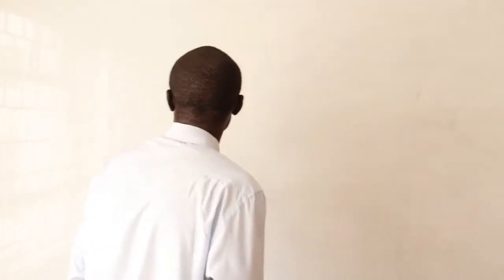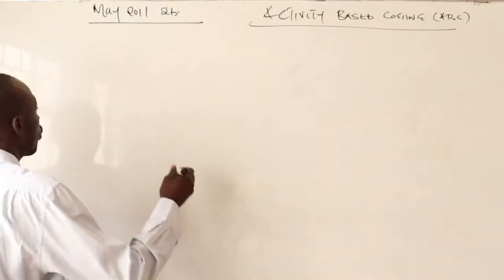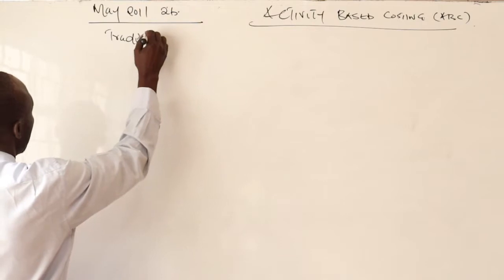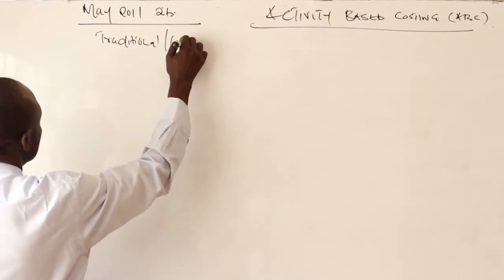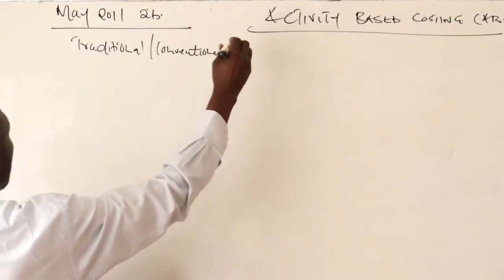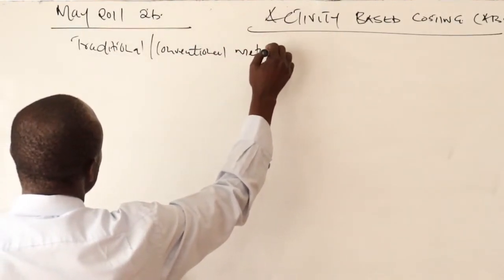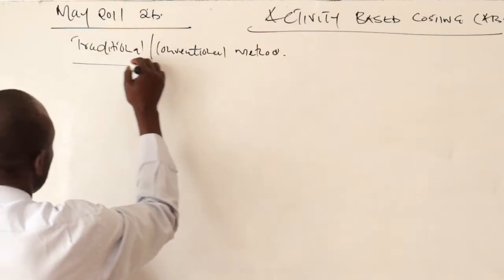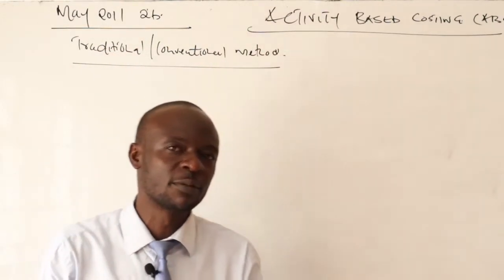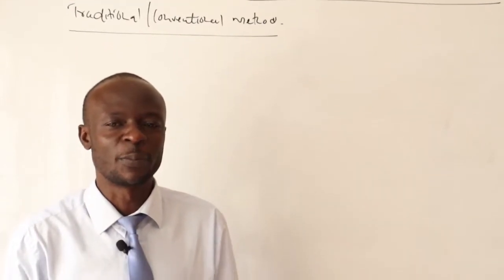So first of all, we're going to use the traditional, or conventional, method. Remember, the essence of activity-based costing is to determine the overhead cost.